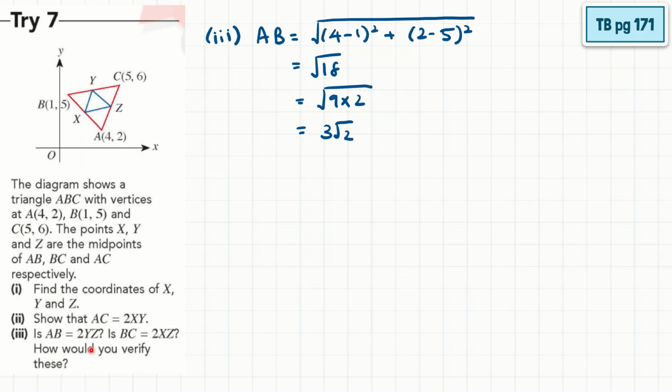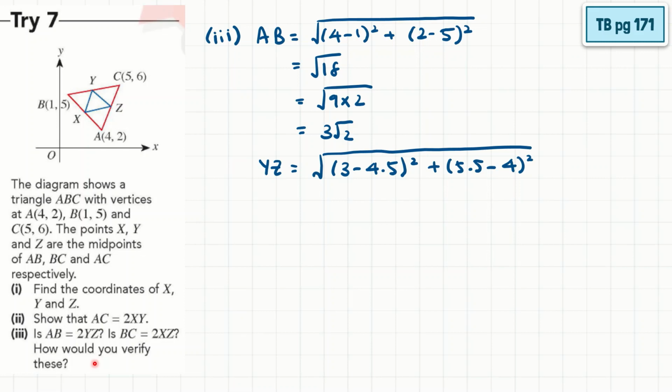Then for the length of the line segment YZ, also using our length of line segment formula, I will be able to perform this calculation, and that simplifies to square root 9 over 2. We know that square root 9 is actually 3, so it is 3 over square root 2, for which I need to rationalize it so that it will facilitate us proving this statement, and that will give us 3 square root 2 over 2.